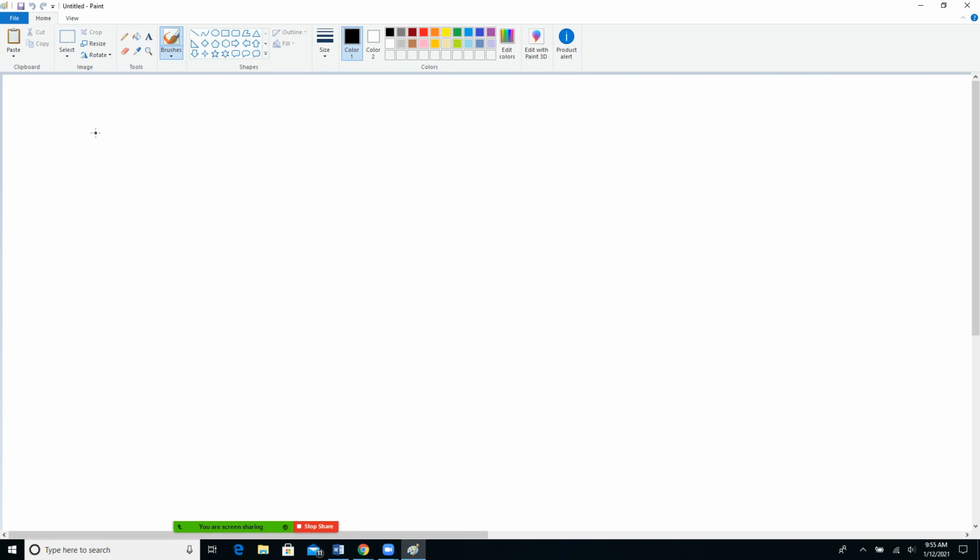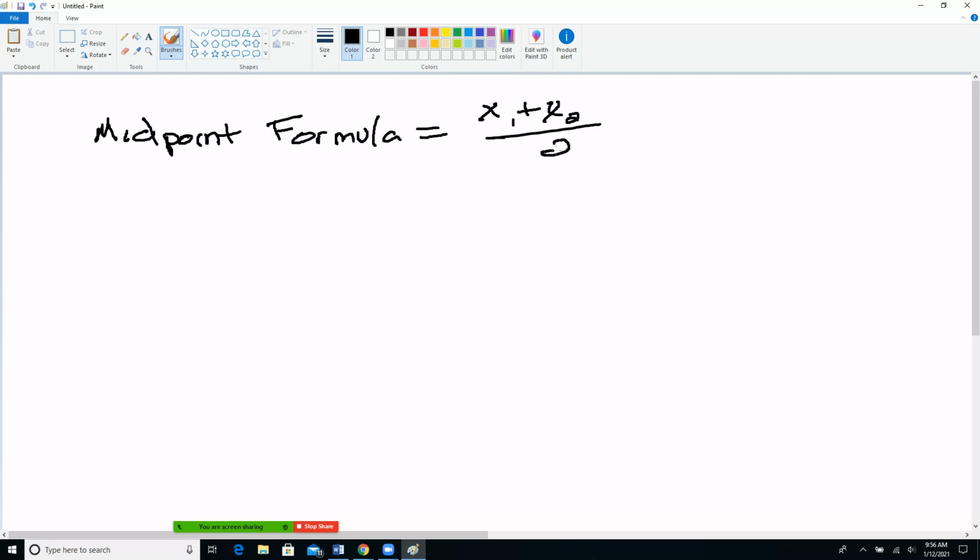Midpoint formula. Midpoint formula, x1 plus x2 over 2, y1 plus y2 over 2. There's your midpoint formula.